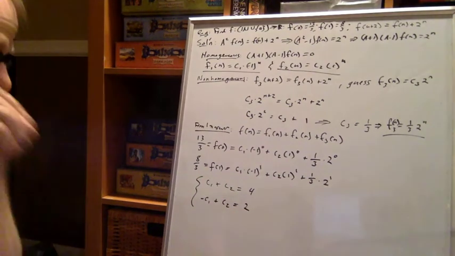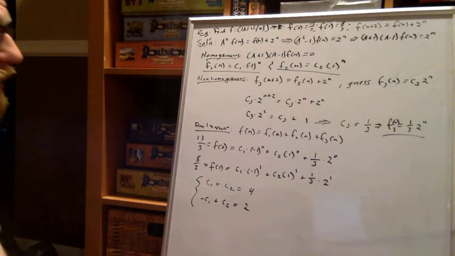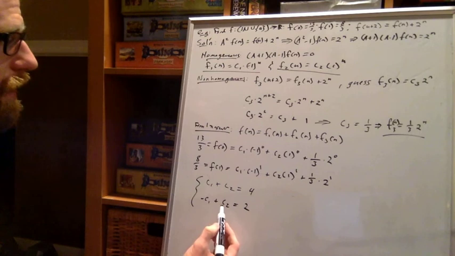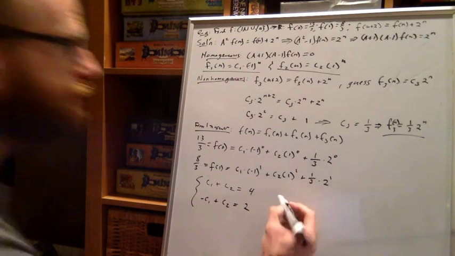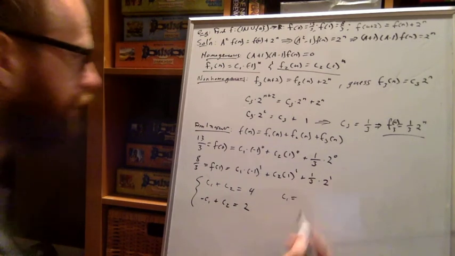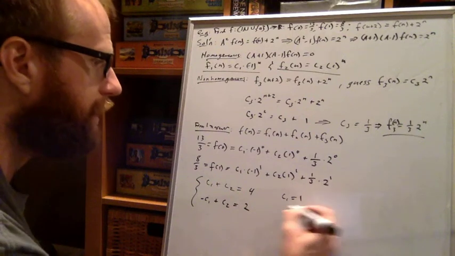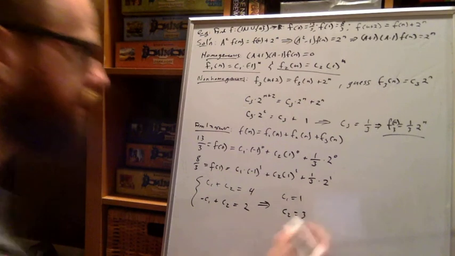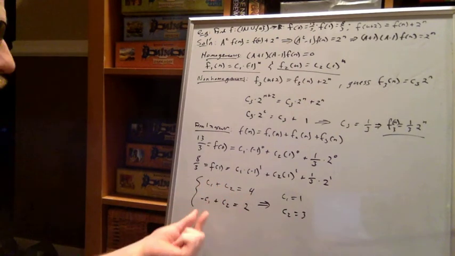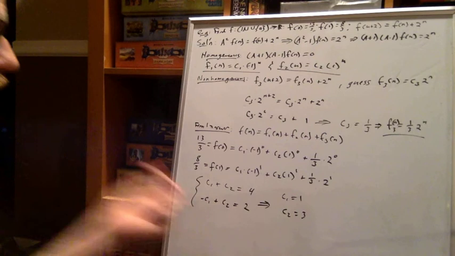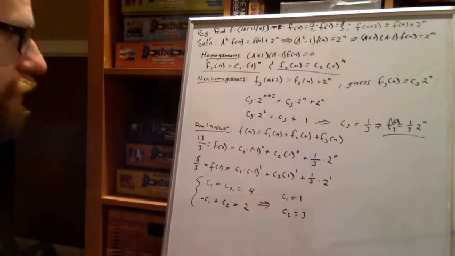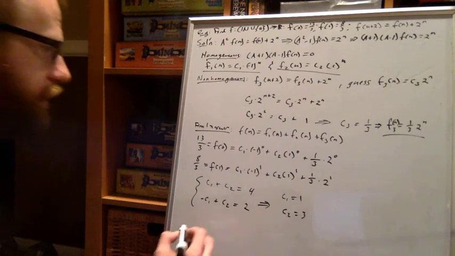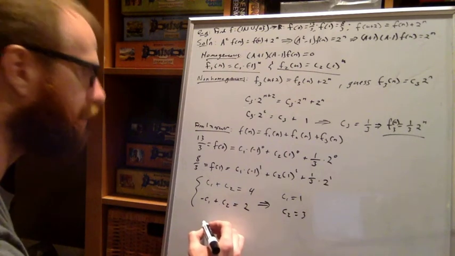So I've got numbers that add up to 4 and have a difference of 2, which tells me c1 is 1 and c2 is 3. Right, 1 plus 3 gives me 4, and -1 plus 3 gives me 2. So 1 and 3 solve this system of linear equations.